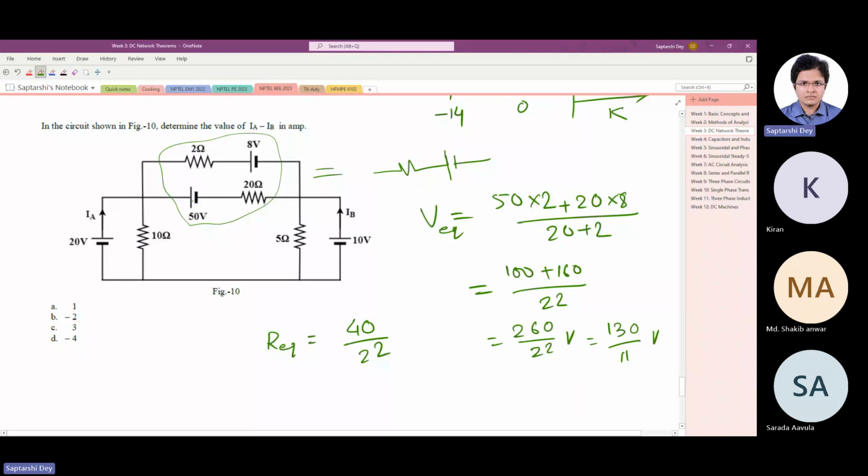Can someone confirm? Yes, sir. I think the equation was like this.